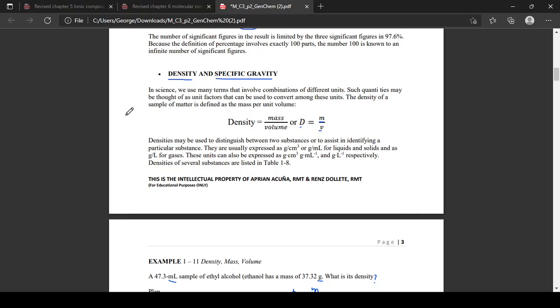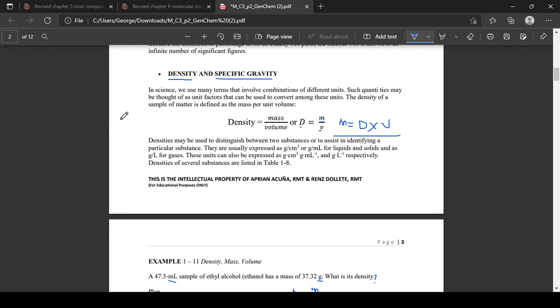You have your formulas to make it easy. Remember, kids, if we are dealing with mass, it is multiplication. Therefore, mass is equal to density times volume.